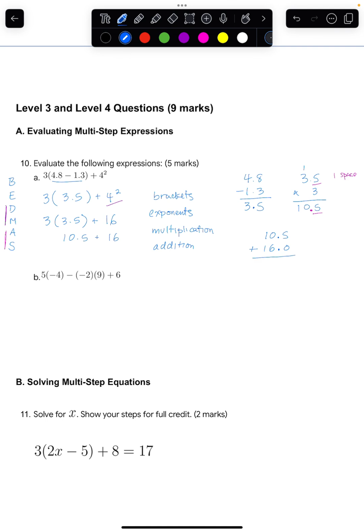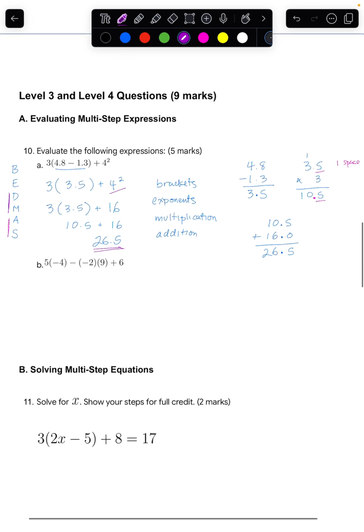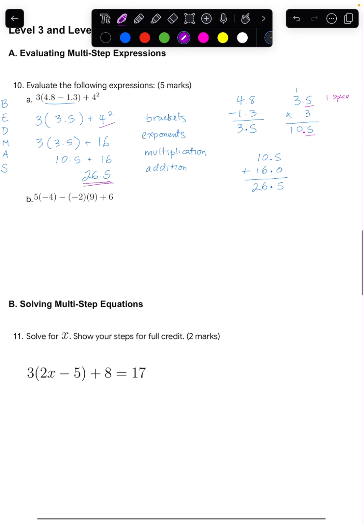So 10.5 plus 16.0. 5 plus 0 is 5. Okay, we carry the decimal down. 0 plus 6 is 6. 1 plus 1 is 2. And our final answer is 26.5. Okay, let's do the next one.